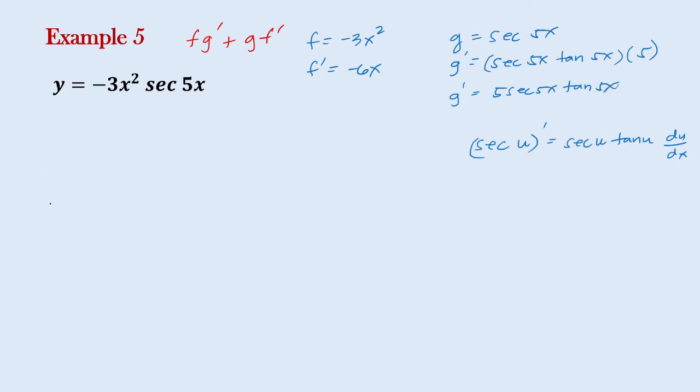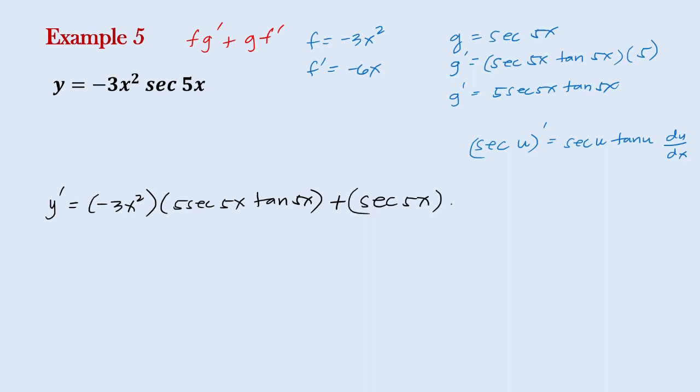Applying product rule, we have f, that's negative 3x squared. G prime is 5 secant 5x tangent 5x, plus g, secant 5x, times f prime, which is negative 6x.